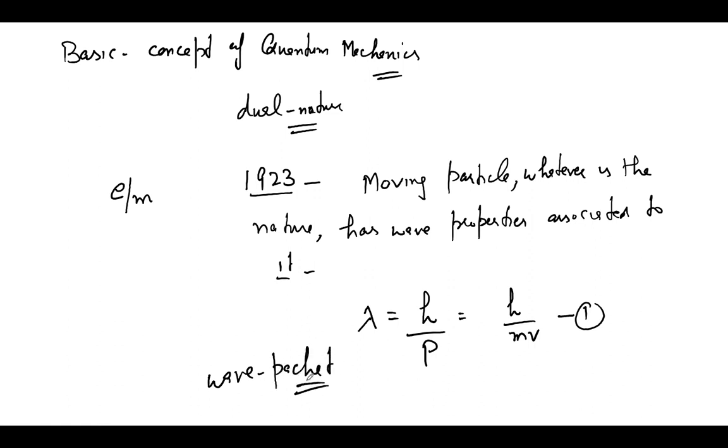You are all familiar with wave packets. What is the group velocity? What is the phase velocity? I will not go into detail. For this simple introduction, you can follow quantum mechanics books of graduation level, where you will find all these concepts clearly explained.